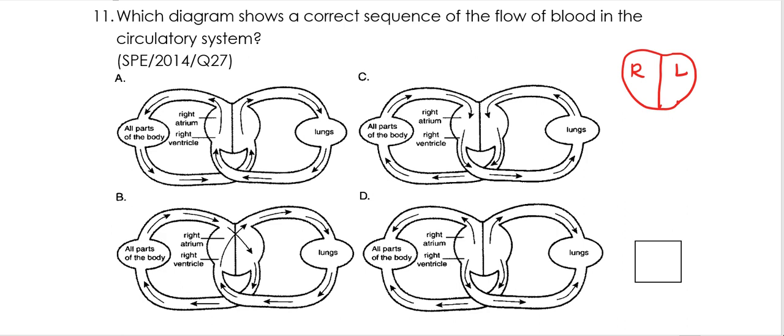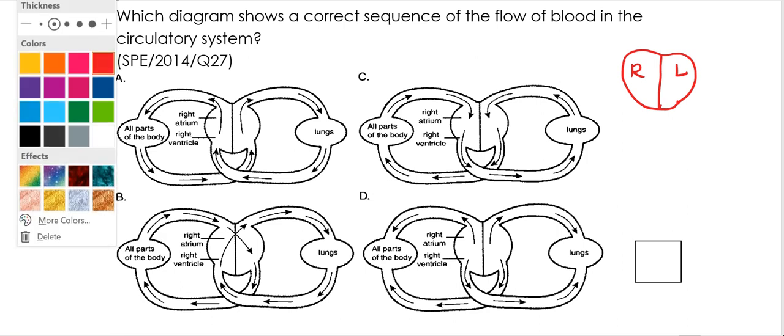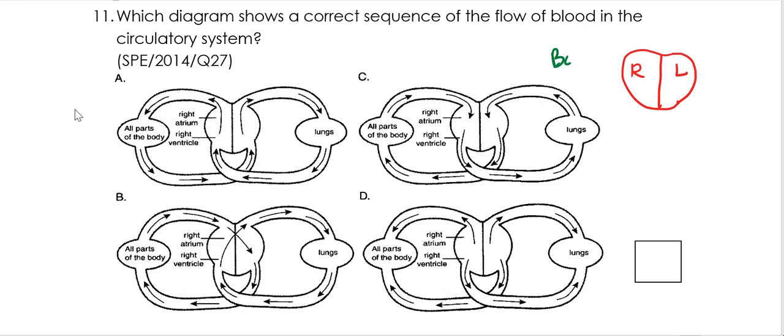You have to label also. So I'm going to use green for all parts of the body, so body, and you also have your lungs right here.